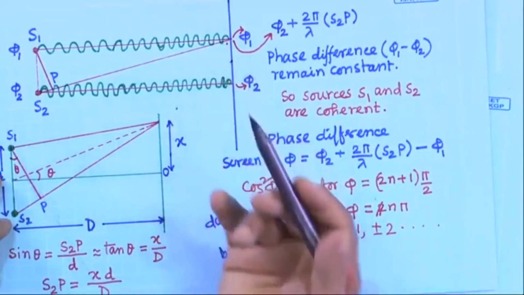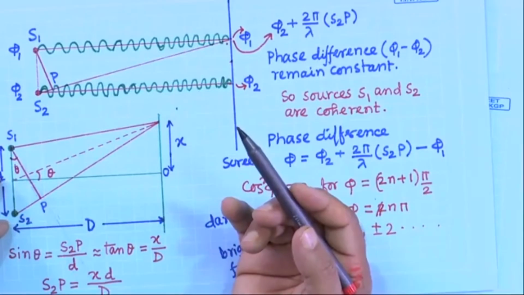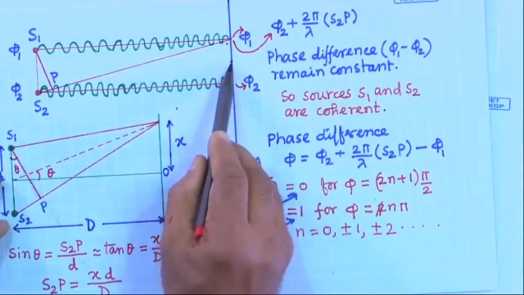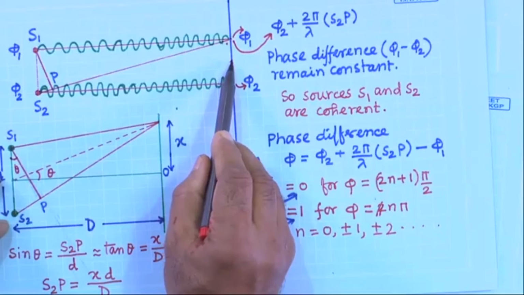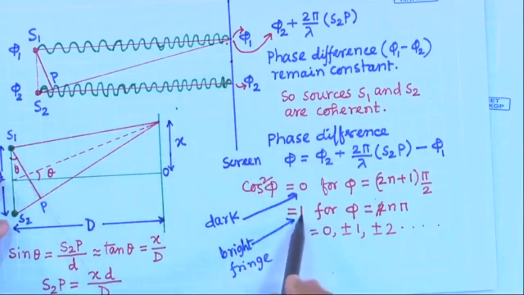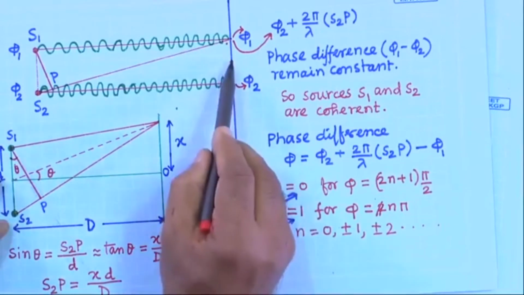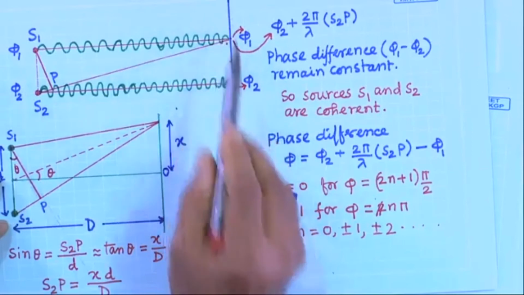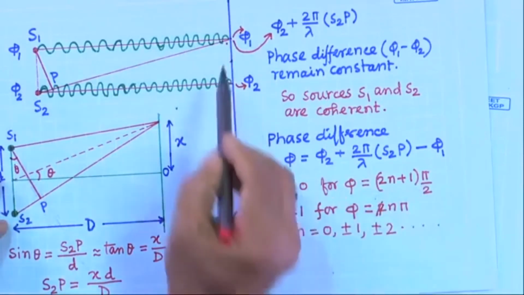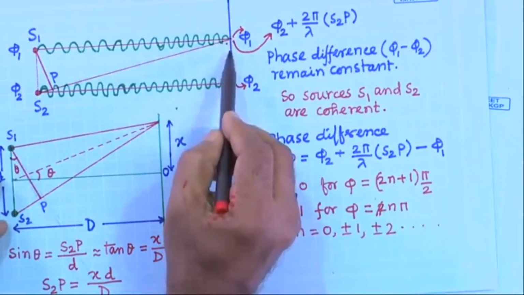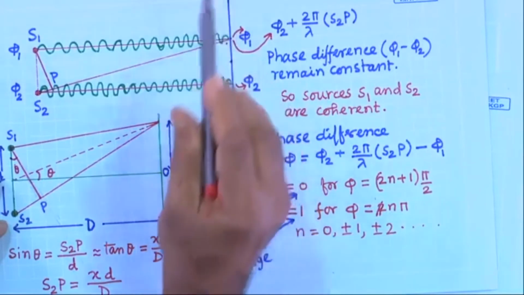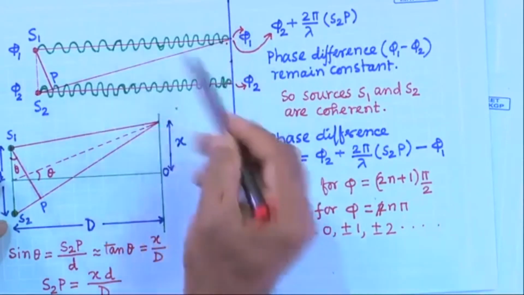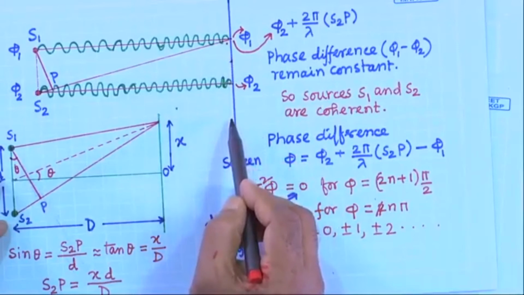Here you will get phi equal to 0 path difference, phase difference. Phi equal to 0 means the maximum intensity. Then it will vary following this, so we will get dark and bright on this side, and from symmetry you will get the same on the other side also.